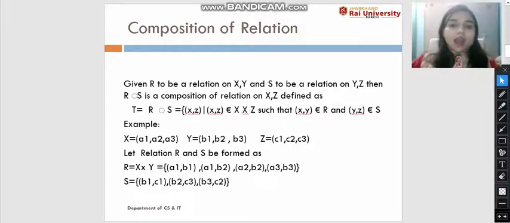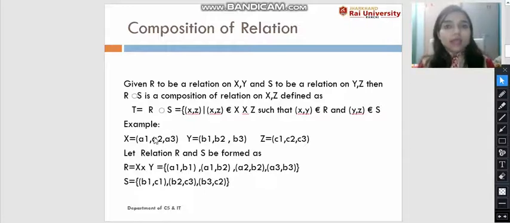Given R to be a relation which maps the value of x to y, and S a relation which maps the value of y to z, then R dot S is a composition of relation on x z, defined as T equal to R dot S, which contains x z, where x z belongs to the Cartesian product of x and z, where xy belongs to R and yz belongs to S. Let's see with an example.